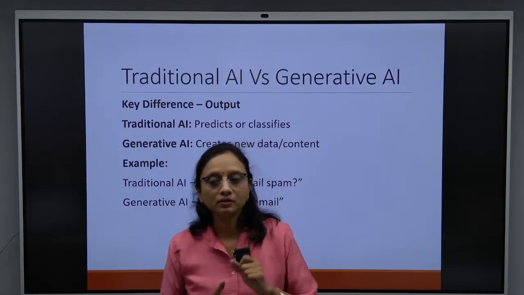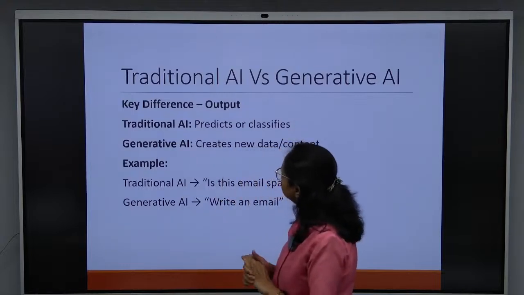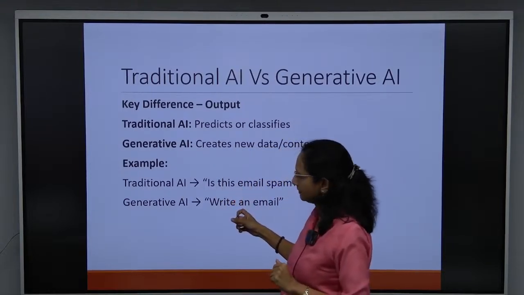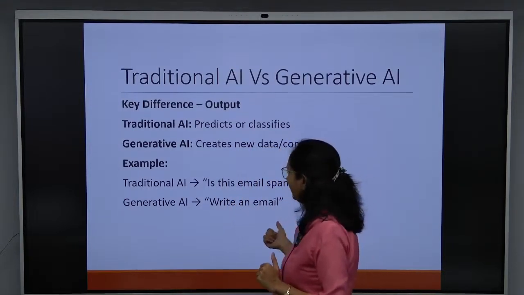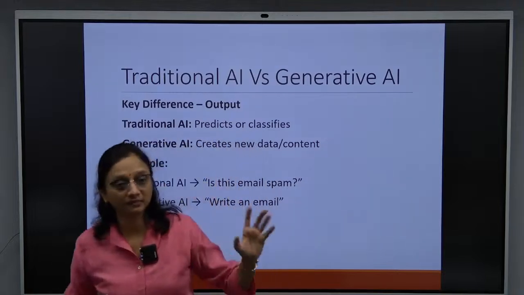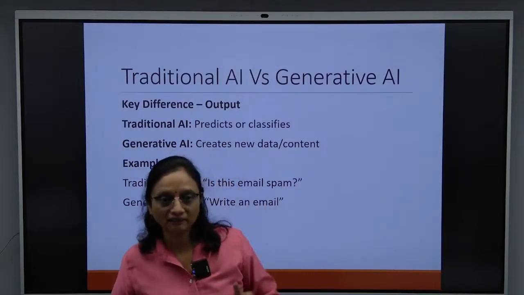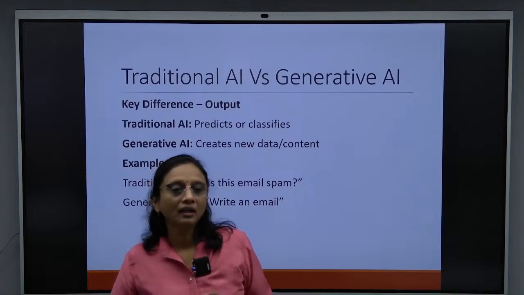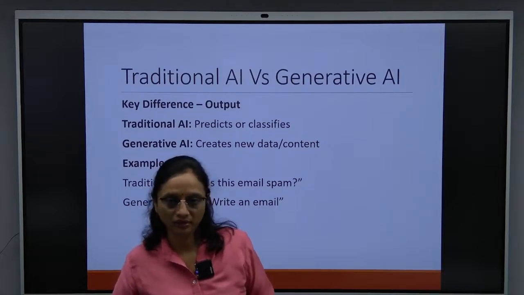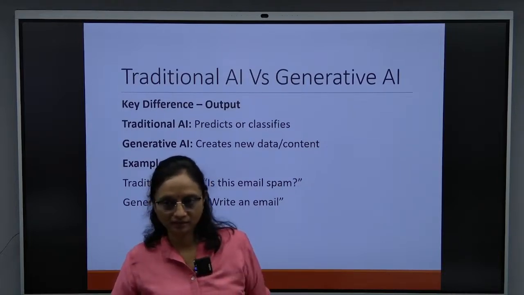So, coming back to the point, this is the difference: email spam detection, and the next thing is writing an email, where it drafts the message. The best example I can give you is how it drafts the mail. Just now we discussed agents.